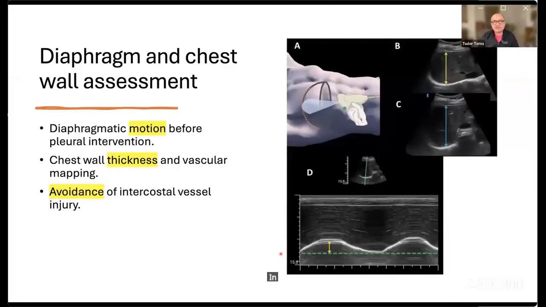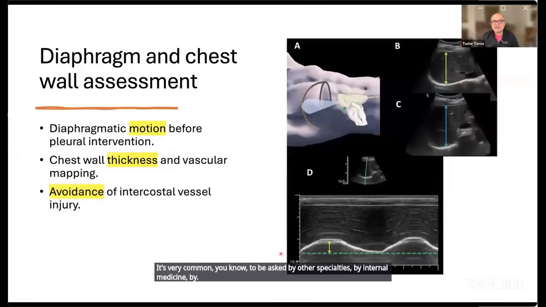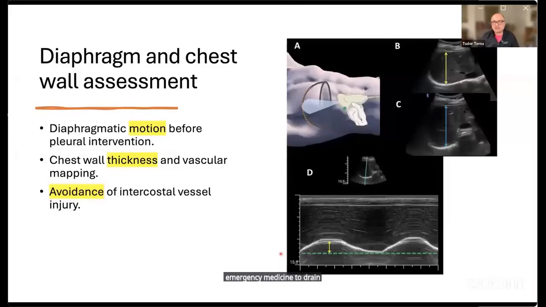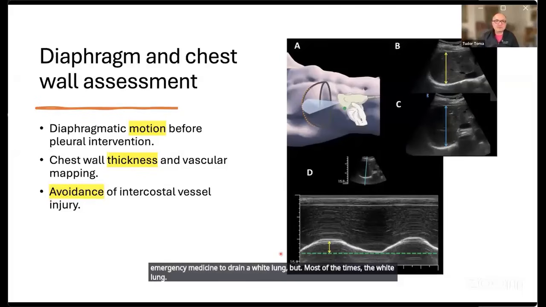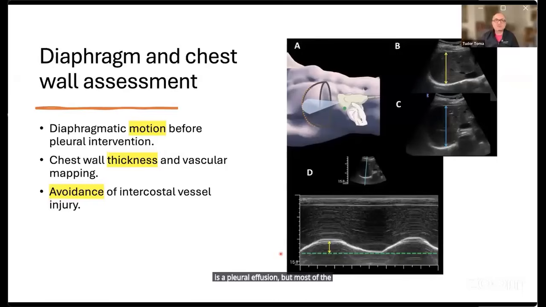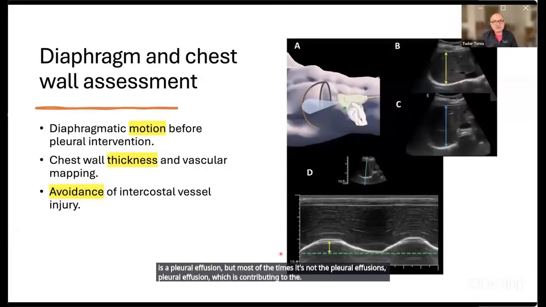In terms of diaphragm, for the pleural pathology in particular, it's very common to be asked by other specialties, by internal medicine, by emergency medicine to drain a white lung. But most of the time the white lung is a pleural effusion, but most of the time it's not the pleural effusion which is contributing to the shortness of breath of these patients.